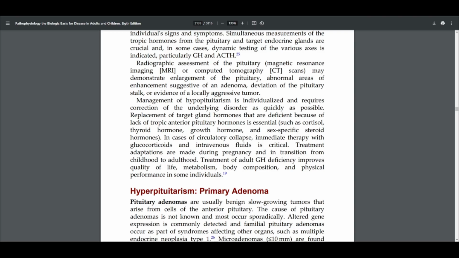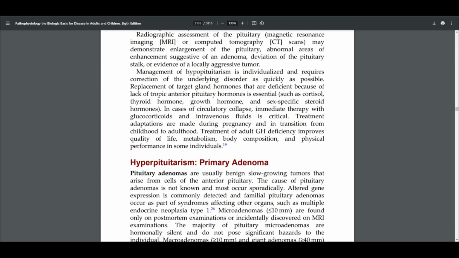Radiographic assessment of the pituitary, an MRI or CT scan, may demonstrate enlargement of the pituitary or abnormal areas of enhancement suggestive of adenoma, deviation of the pituitary stalk, or evidence of locally aggressive tumor.